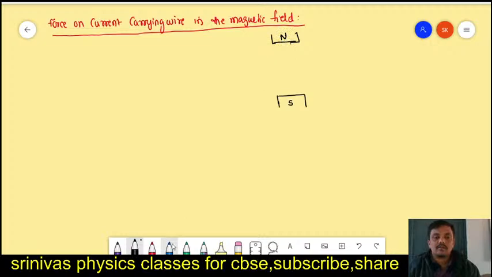The magnetic field is from north to south, away from the north towards the south.